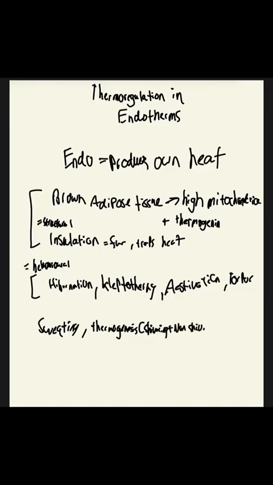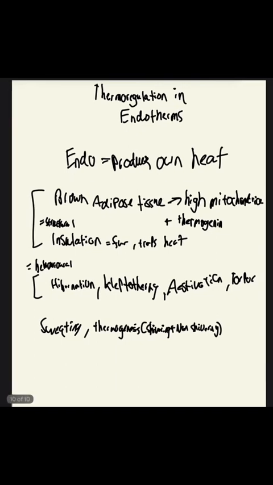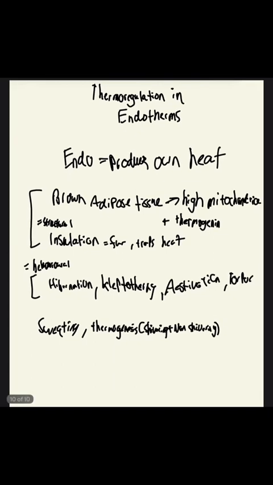Now there's also vasomotor control. Vasomotor control refers to regulation of blood vessel diameter to control the distribution of heat within the body. So you might have heard of things like vasodilation and vasoconstriction. Vasodilation is the widening of blood vessels, which increases blood flow to the periphery, bringing warm blood close to the surface and therefore cooling it down.